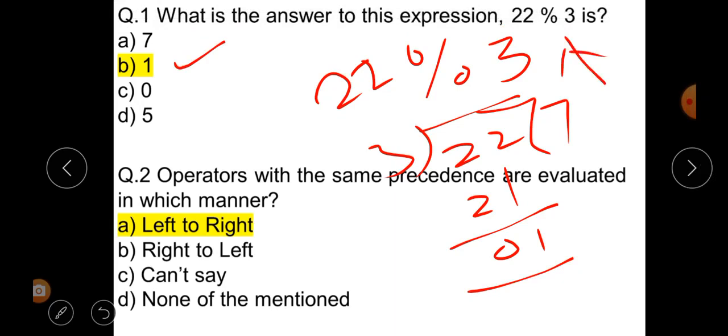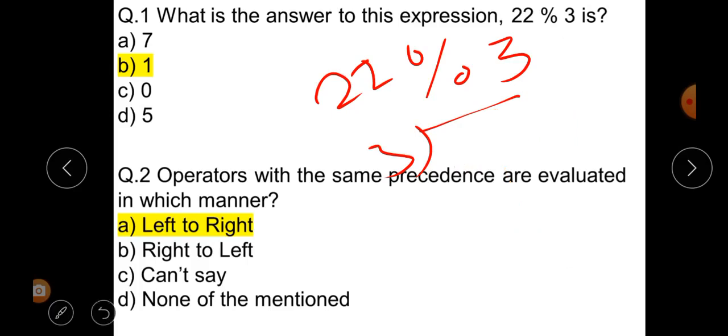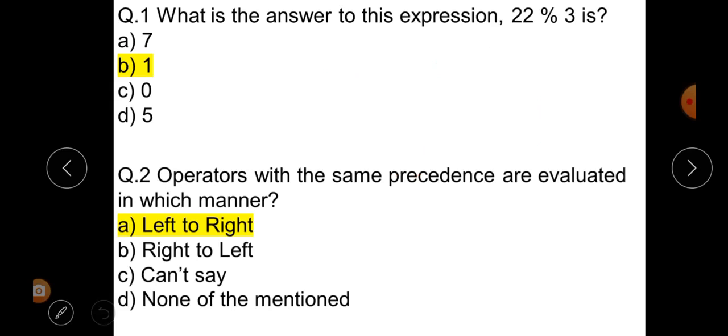Our next question is, operators with the same precedence are evaluated in which order? When operators have the same precedence, they are always evaluated from left to right.